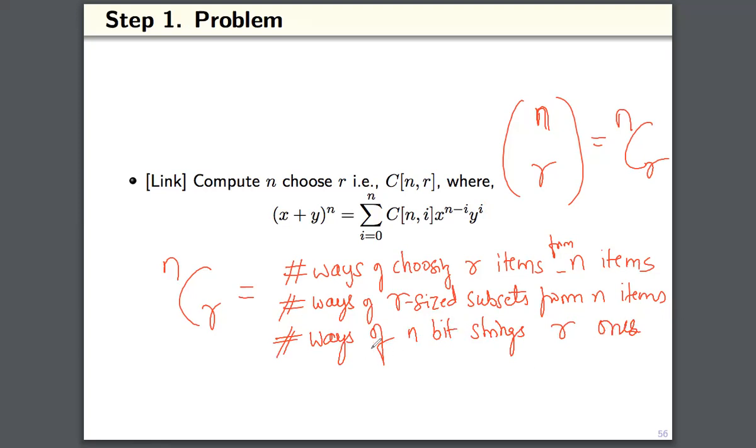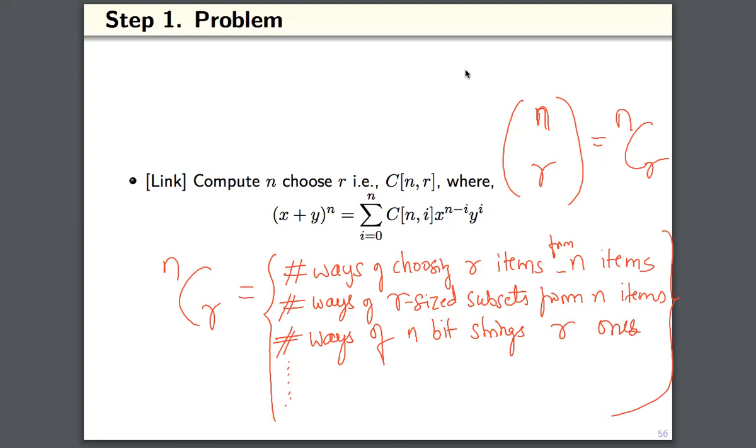Make sense? Do we have any other ways to define it? Maybe there are many more, but the meaning of n choose R is something like this.